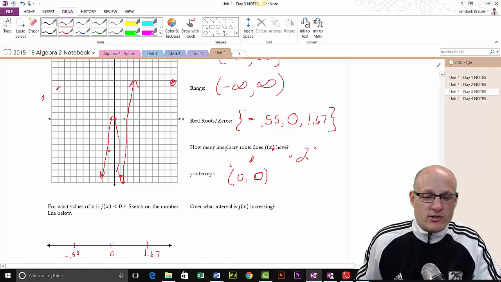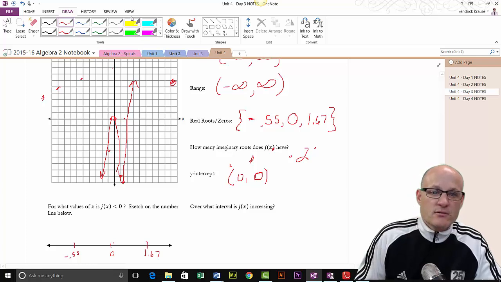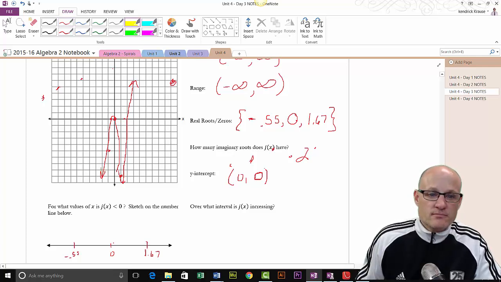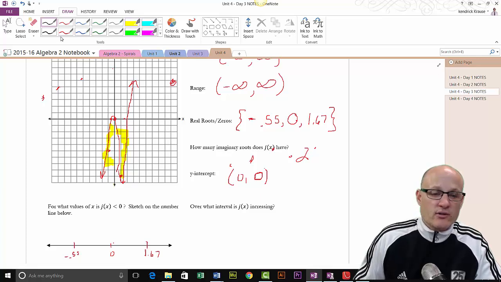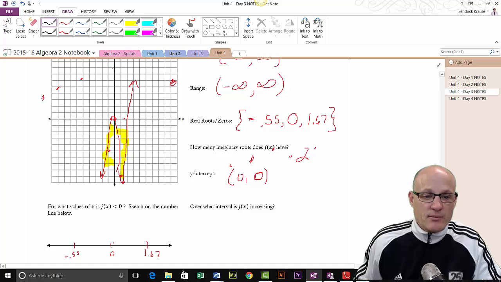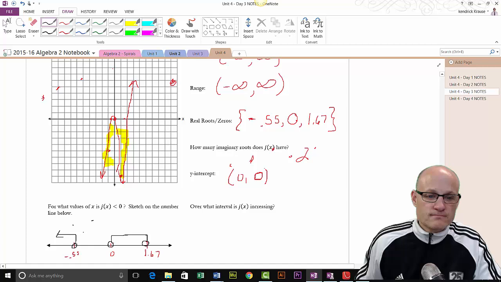Well, it's less than 0 over here in this area, down in here. So basically, it's less than 0 anytime we are going this way or anytime in between these two roots. Other than that, it's above 0. And if you think about it, here's where it's humping up, in between these areas where it humps up. And here's where it goes straight up.